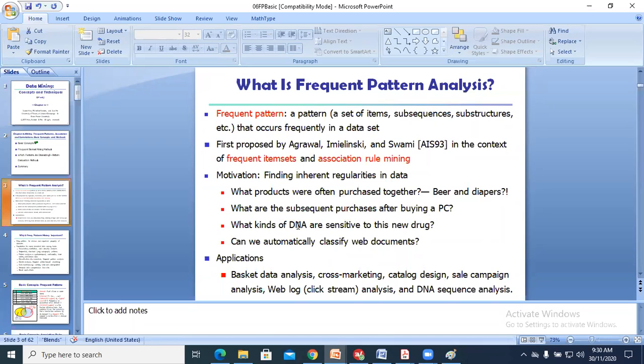What kind of DNA is sensitive to a drug? So this is also used for biomedical applications. And next is, can we automatically classify web documents? This is also used to classify web documents, and we have discussed this before.